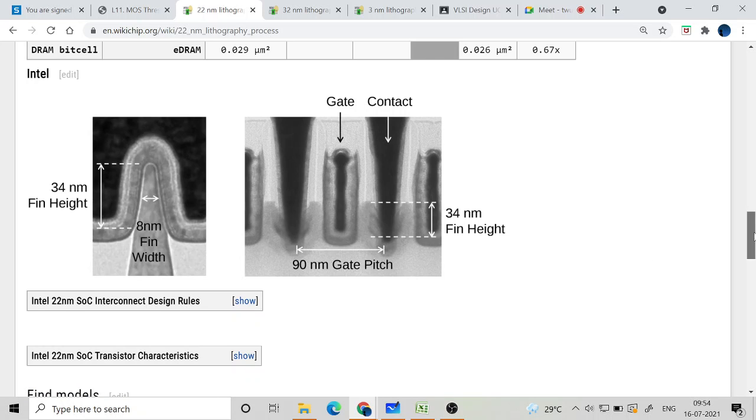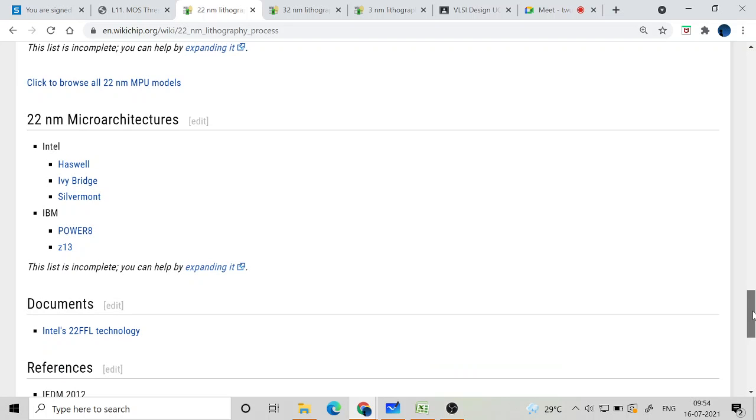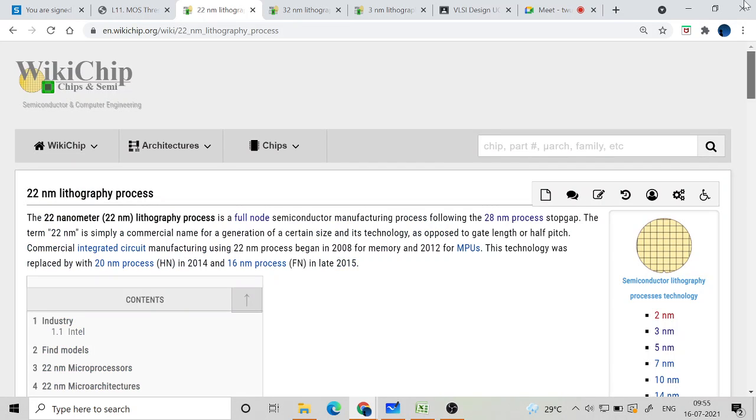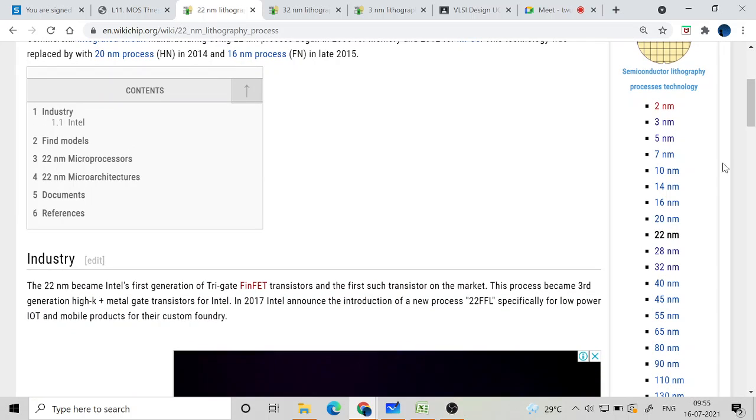So that came into existence, and lots of videos are available on YouTube. You can search about this 22 nanometer FinFET technology. Intel has released many videos about it. From 22 nanometer onwards, FinFET became very prominent.